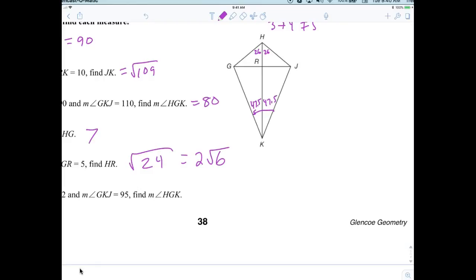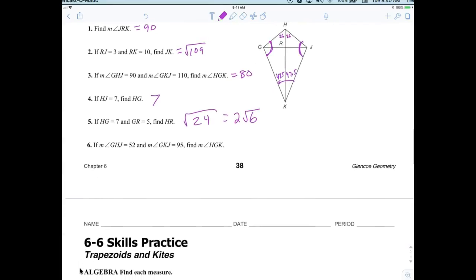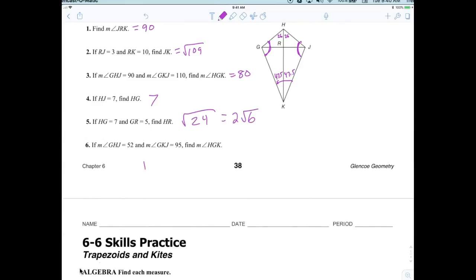And then we want H. It's the same principle. Now, one way to do that, guys, look right here. These angles are equal here. Do you agree? Right, so you could take 95 plus 52 is 147. Subtract it from 360, which is 213. And then divide by 2, which is 106.5. There's so many ways to do these problems. All right, 106.5.